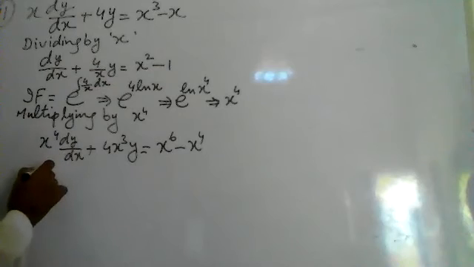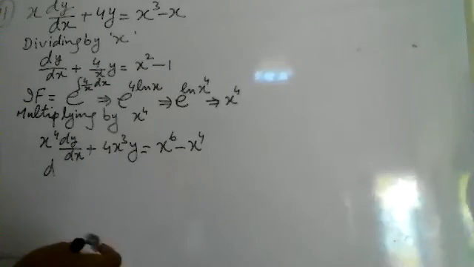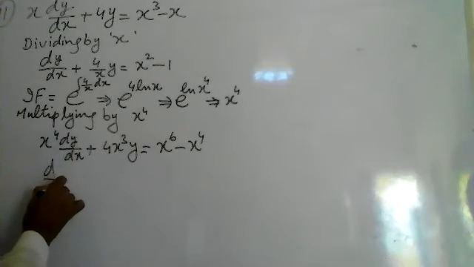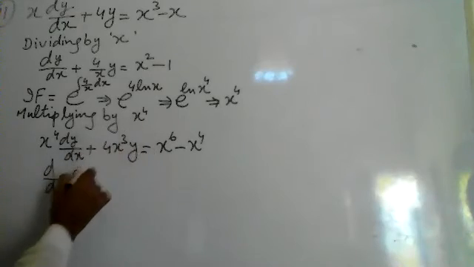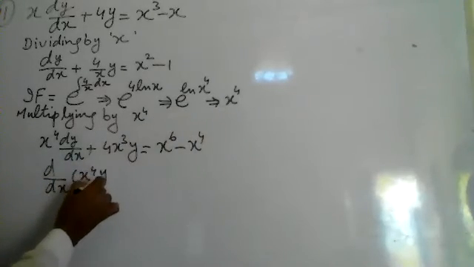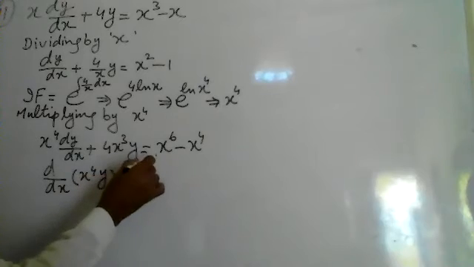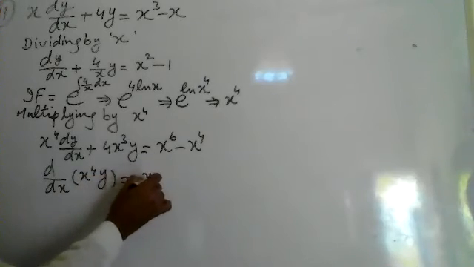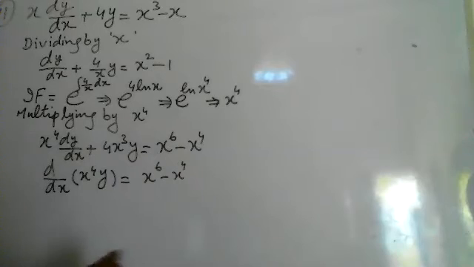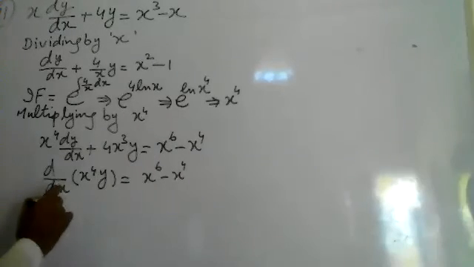Now the left side becomes the derivative with respect to x of the integrating factor times y, and the right side remains as it is, multiplied by dx.